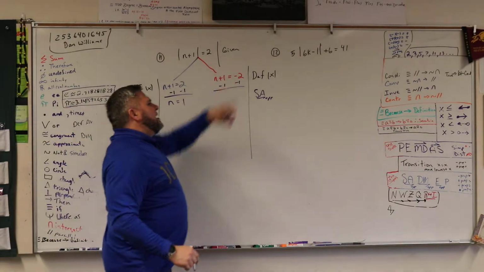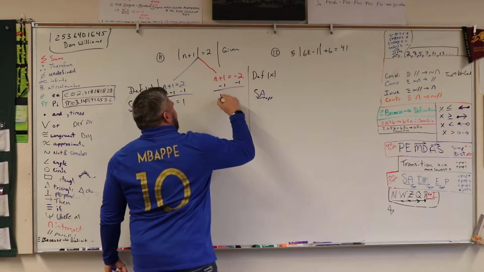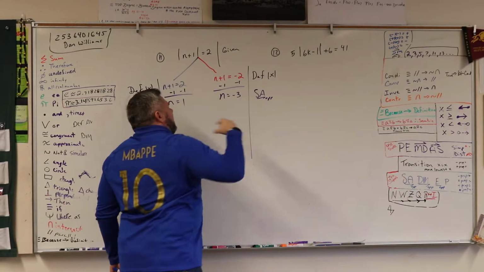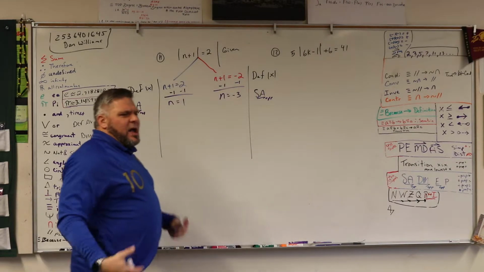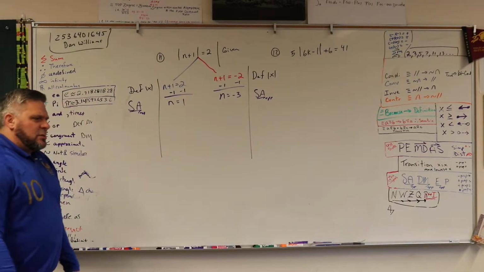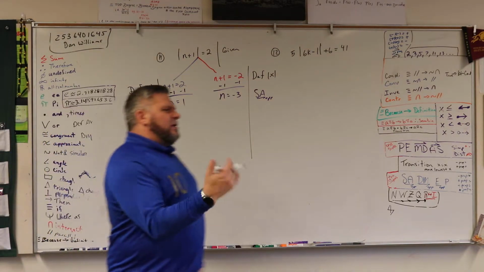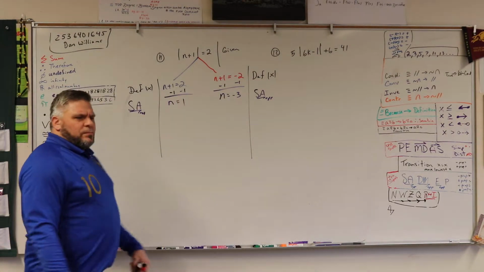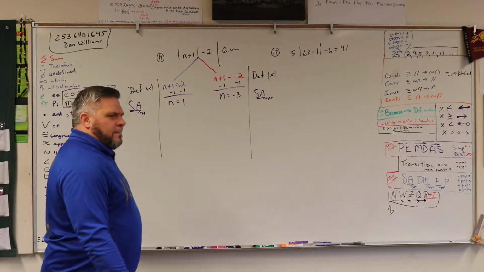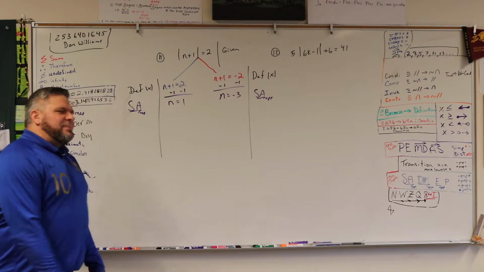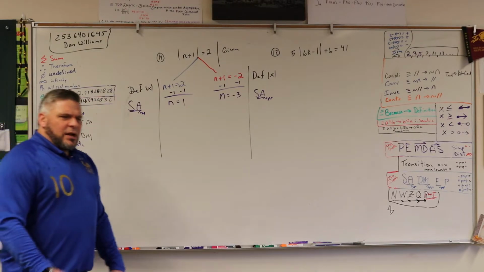And why is this negative, by the way? So I get n is equal to -3, but why did we make it negative? What is it about absolute value? What does absolute value do? Remember, absolutely positive, right?